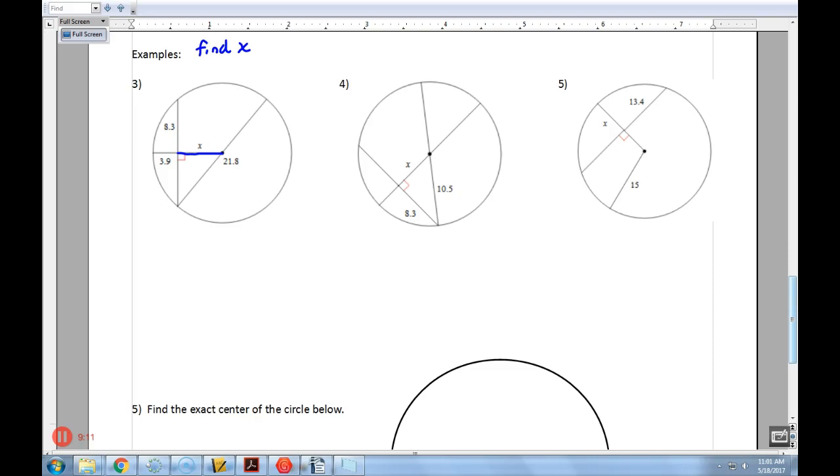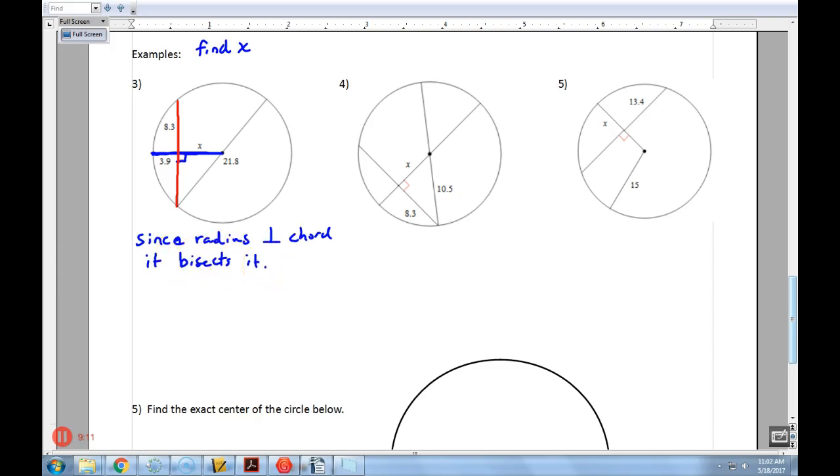Alright, well the first thing I see is this line right here, this blue line right here, is perpendicular to a chord. Alright, so here's my chord. And since the radius is perpendicular to the chord, it bisects it.